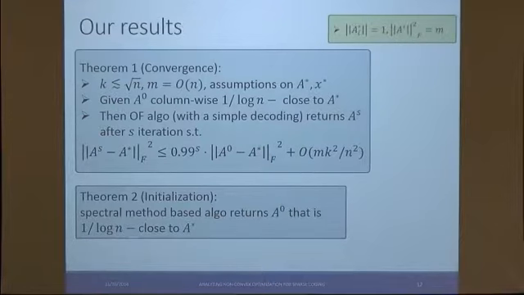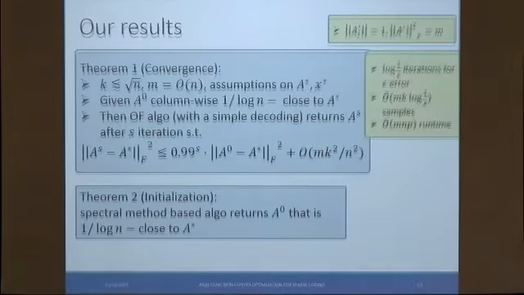To complement, we show a spectral method based algorithm, which returns a0, such a good initialization that is column-wise 1 over log n close to a star. I guess this is the main part of this talk, and I'm going to talk a little bit about this initialization.